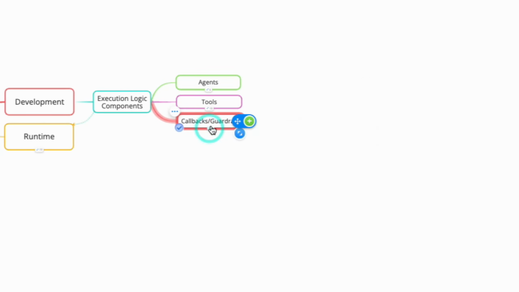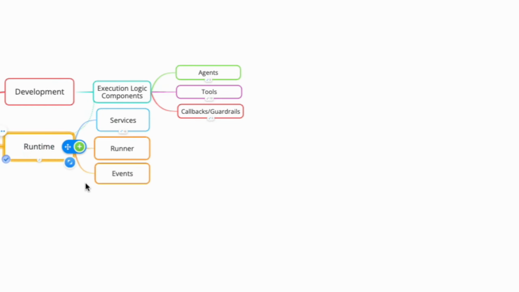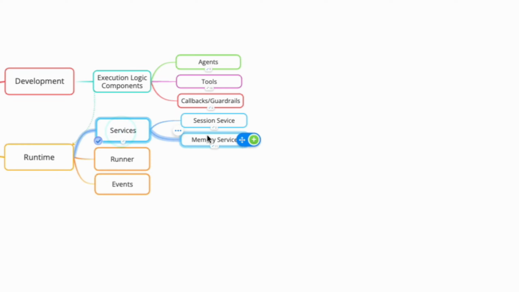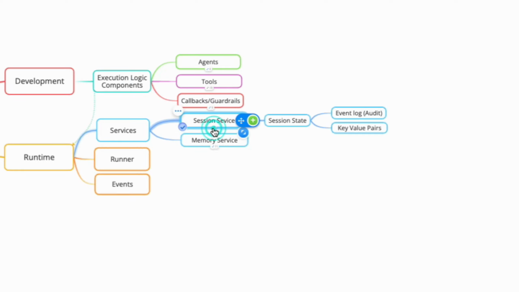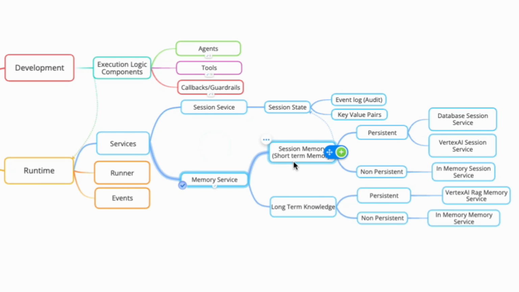Now that we've looked at how to use components to build it, let's look at what it takes to run an agent. We have session services and memory services. Session services contain session state and session parameters. Memory services contain short-term memory and long-term memory.